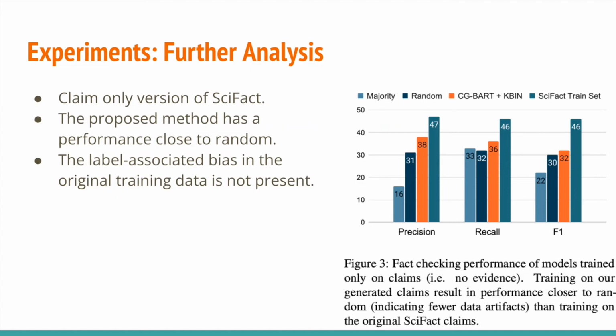As a result, as you can see in Figure 3, the proposed method, CG-BART plus KBIN, is close to the random prediction performance. That means the label-associated bias in the original training dataset is actually not present.